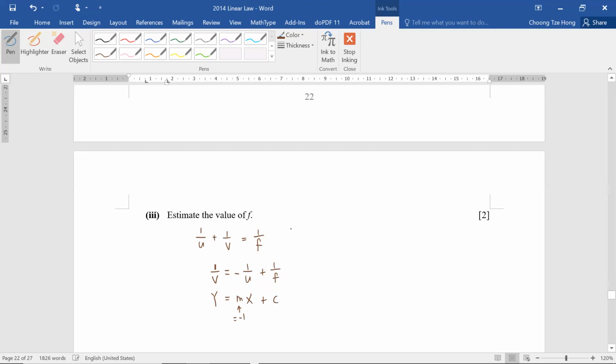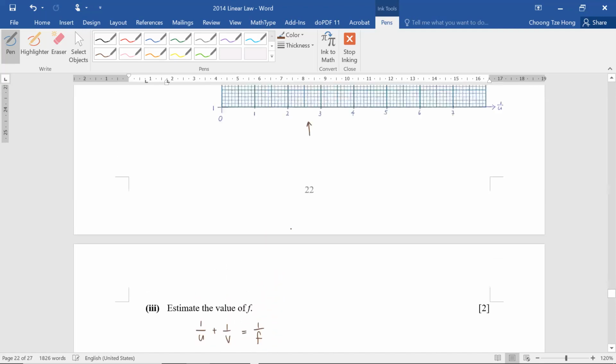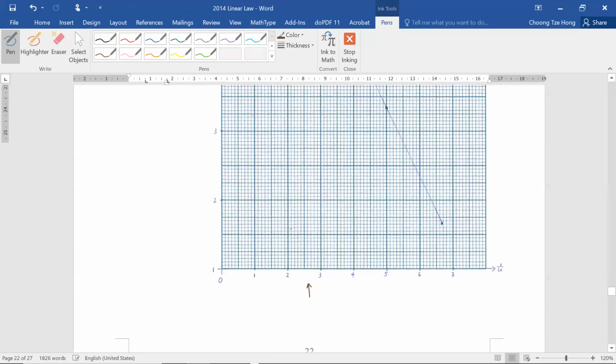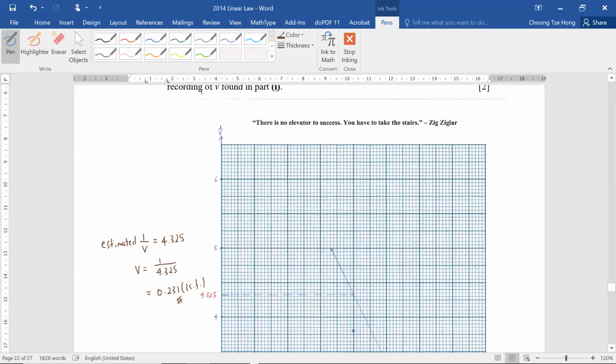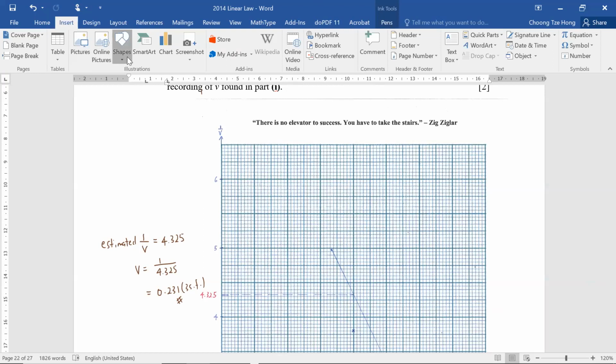But if I want to use the graph to find the vertical intercept, I need to extend up. Let me show you here. If I try to extend this line, you see it's going to go way out of the graph paper.